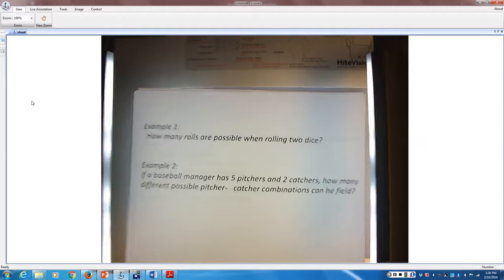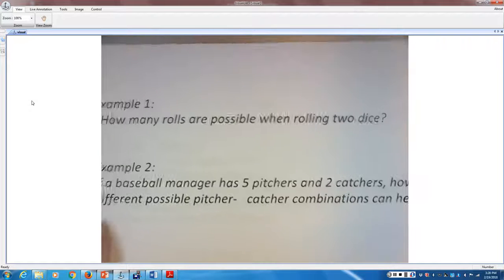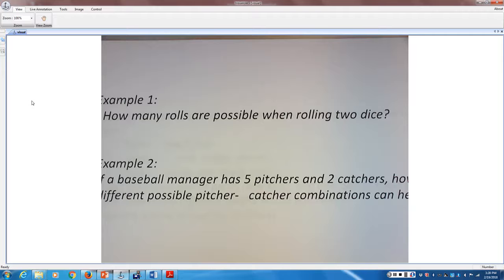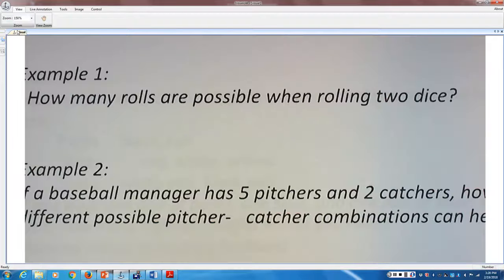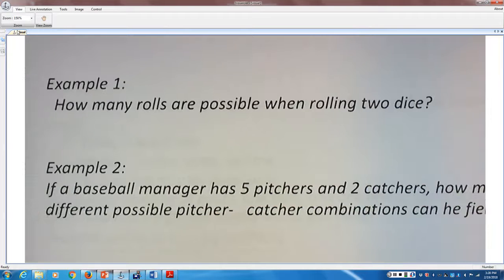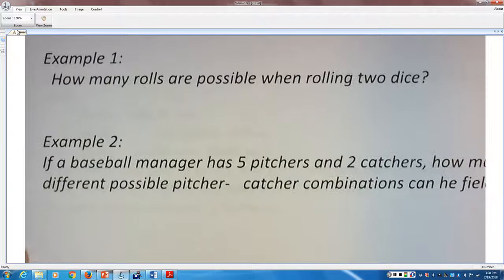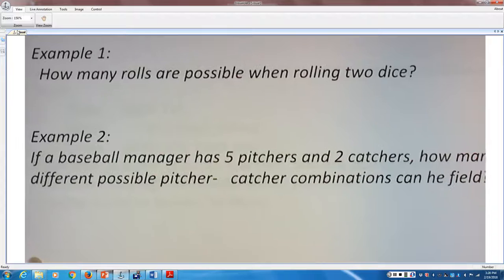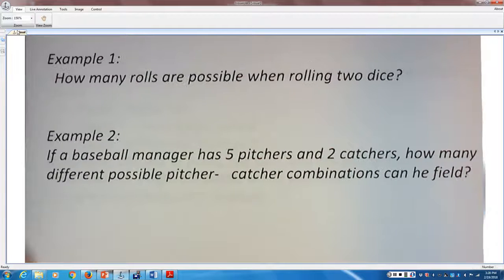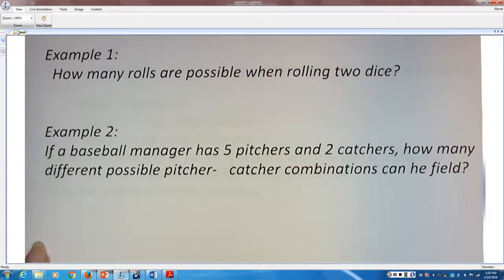And here's our first example. So our first example says, how many rolls are possible when rolling 2 dice?